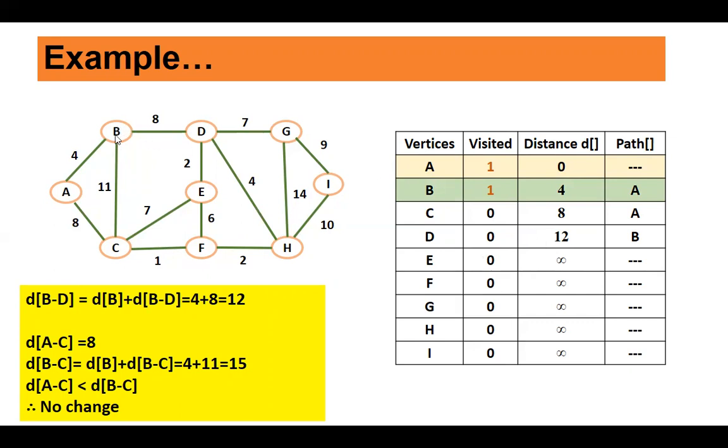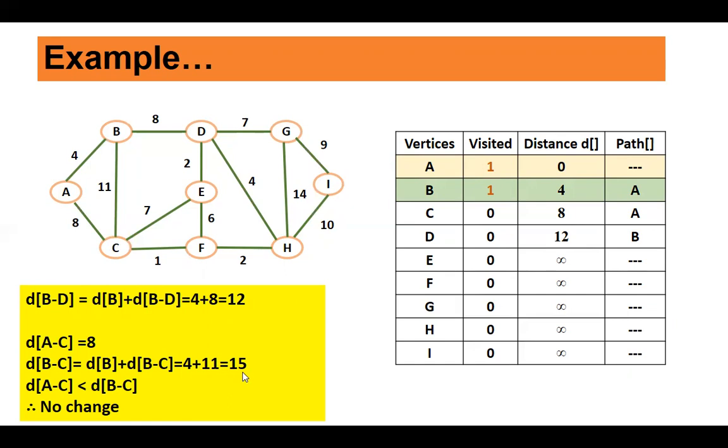Next, from B you can reach C also, right? So again, now check the distance of B, that is 4. Here also you can see in the table, the distance of B is 4, right? 4 plus distance of B to C, which is 11.